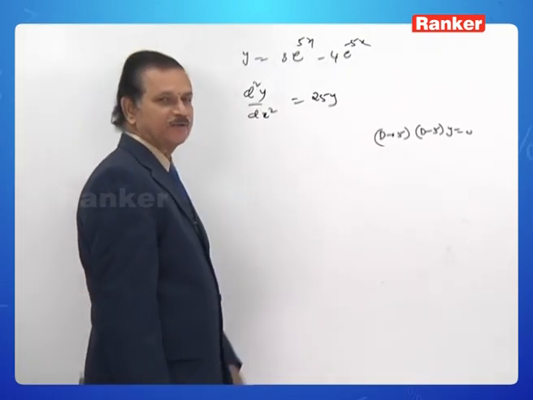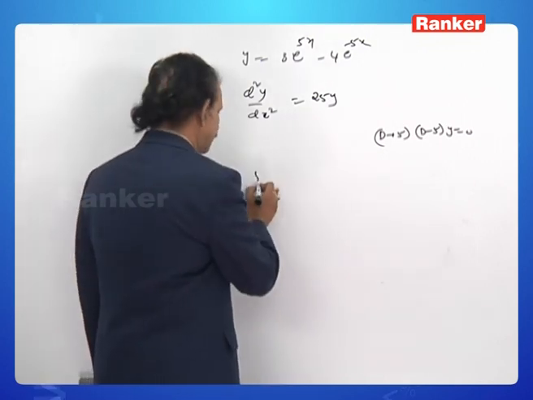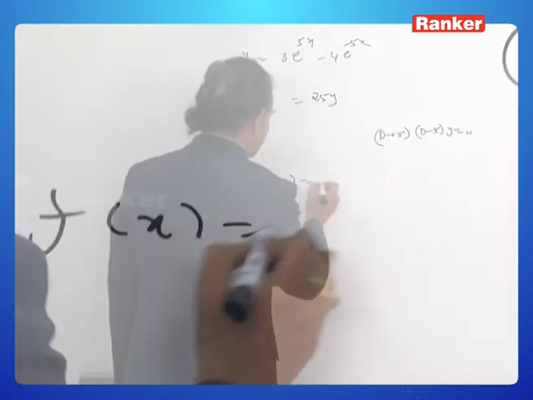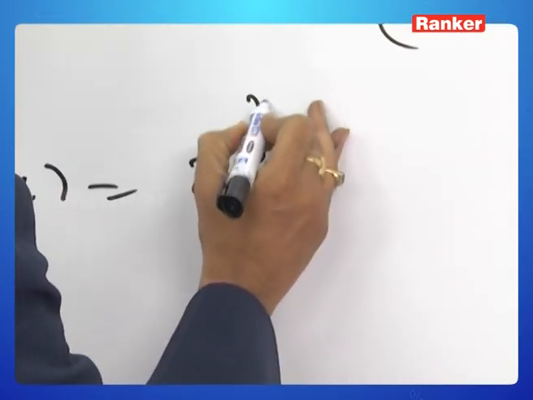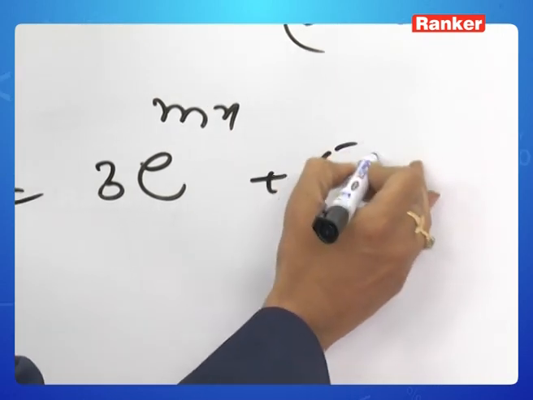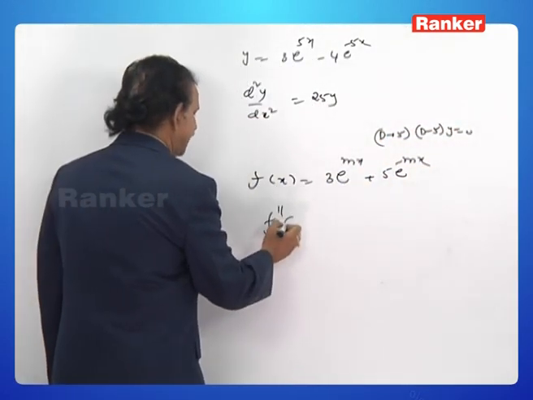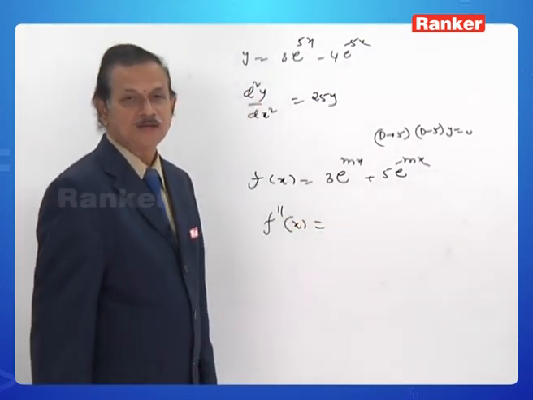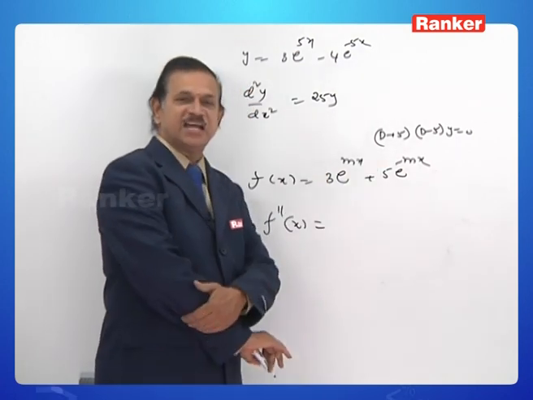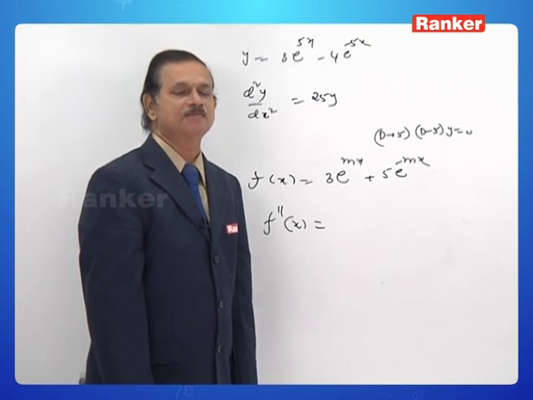Like that, with this expression, we have so many problems in our successive differentiation. Suppose f of x is equal to 3 into e power mx plus 5 into e power minus mx. Then what is f double dash x? (d plus m) into (d minus m) of f of x is 0. d square minus m square.